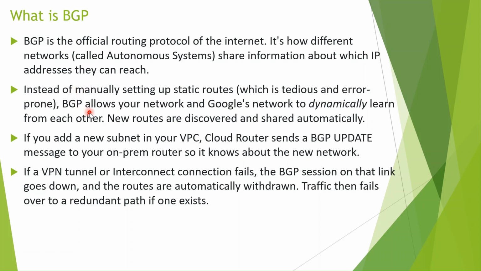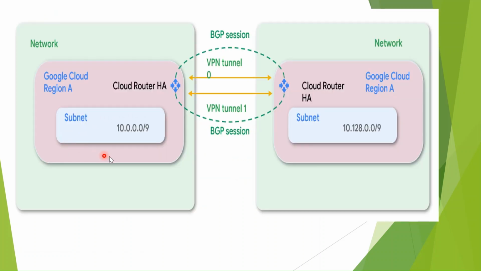One more benefit is that instead of manually setting up static routes, which is tedious and error-prone, BGP allows a network and the Google Cloud network to dynamically learn routes from each other. New routes are discovered and shared automatically, so you don't have to add a route again and again. Suppose you have created a new subnet.